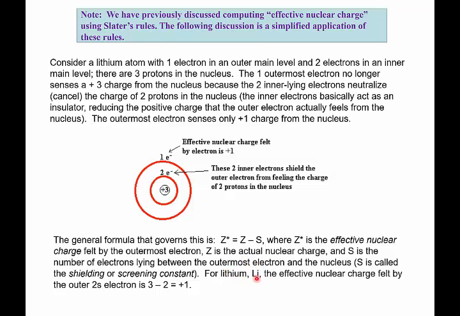For lithium, the effective nuclear charge felt by the outer 2s electron is the actual nuclear charge plus 3 minus the number of interlying electrons that screen out the charge, which would be 2 in number. 3 minus 2 equals effective nuclear charge of plus 1. I hope that's clear.